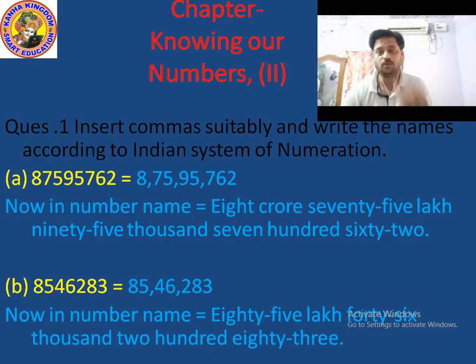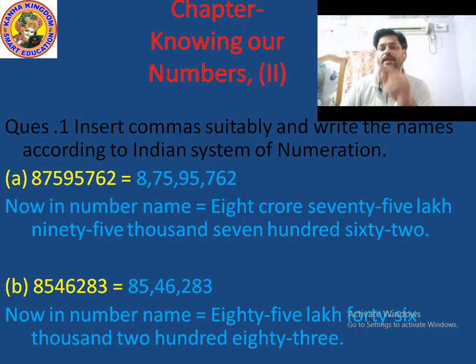Okay, so which digit in the lakhs place? 5 in the lakhs place. And which digit in the ten lakhs place? 8 in the ten lakhs place. So your lakhs period is also completed, because in the lakhs period there are only 2 place values.